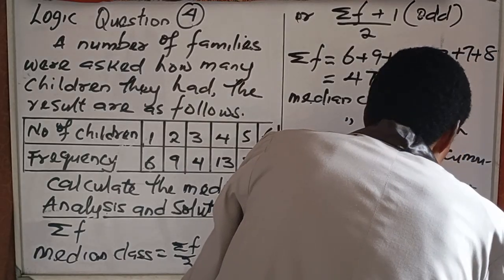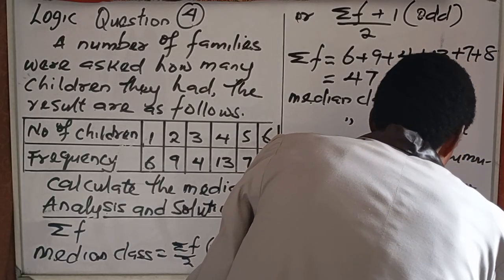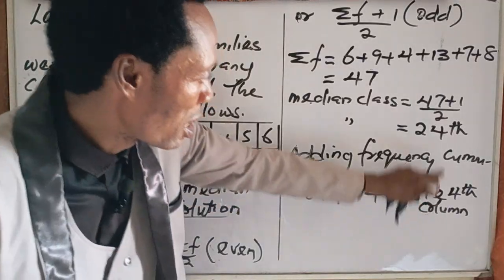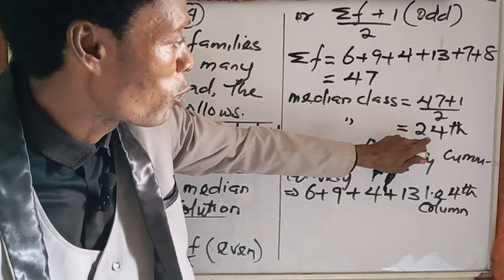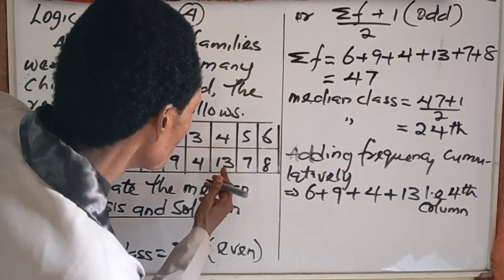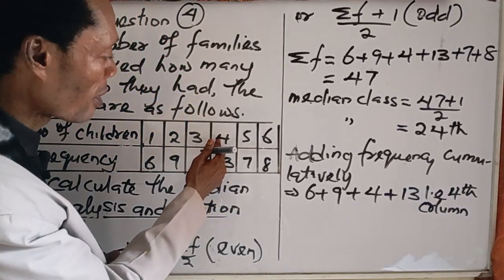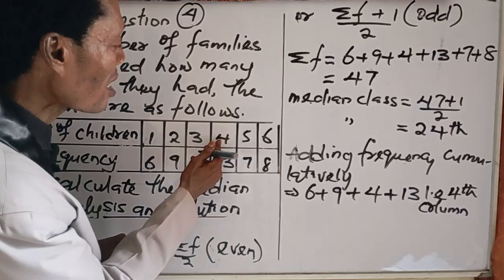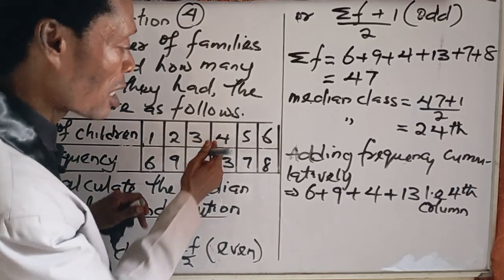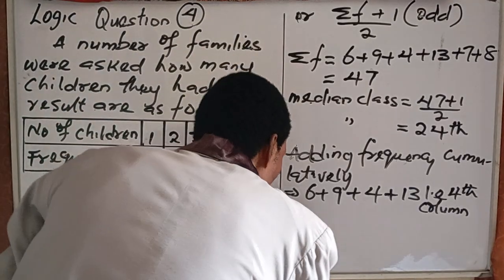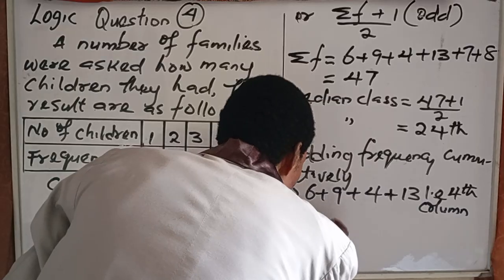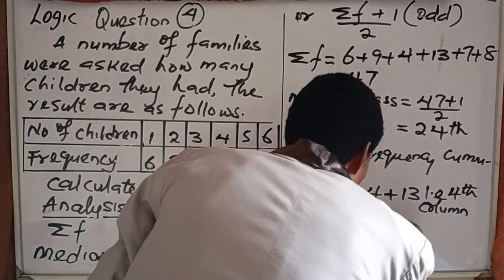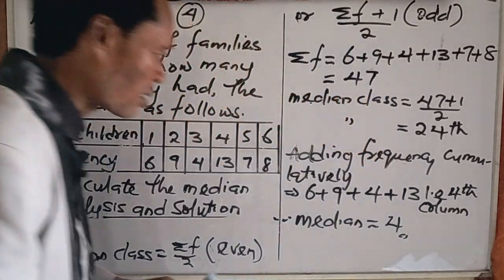The fourth column is the one that contains the 24th class. Then we trace it to the value, and you discover that the median of this distribution is 4. Therefore, the median equals 4.